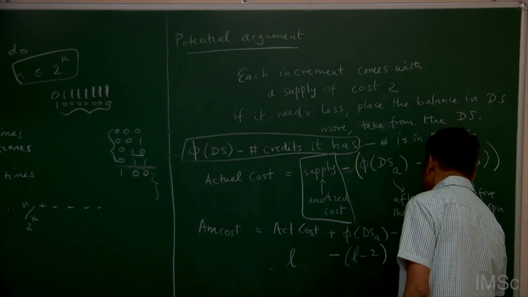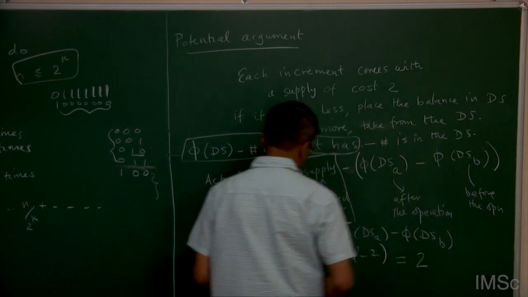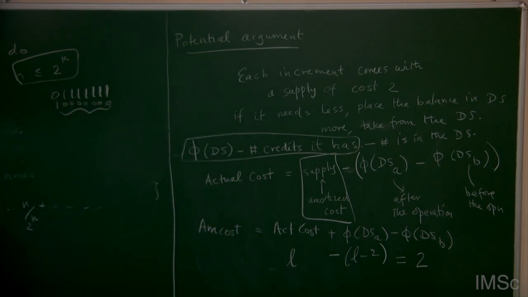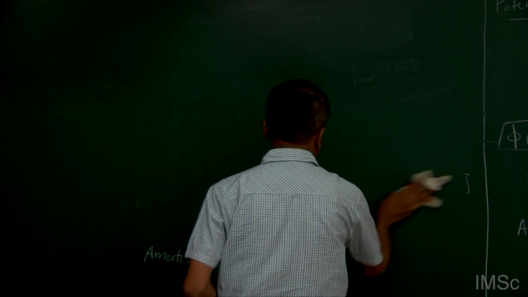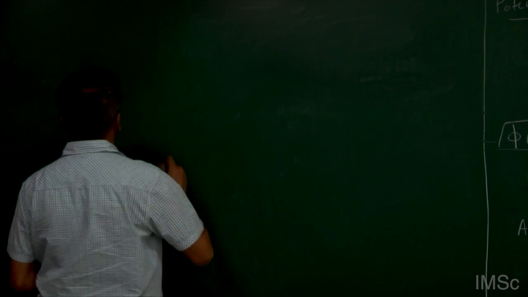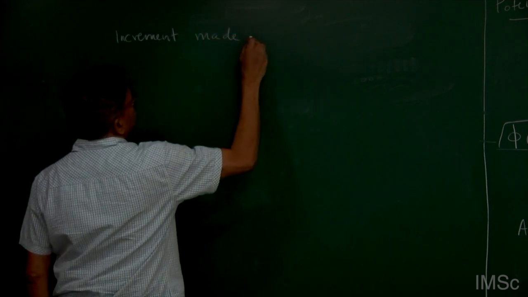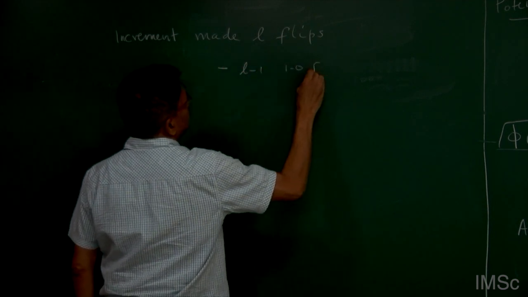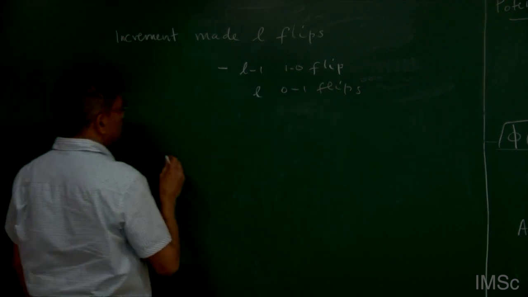So the potential difference will be minus of L minus 2 because it's a drop. Right? Because if the increment made L flips, that implies L minus 1 1-to-0 flips and one 0-to-1 flip.